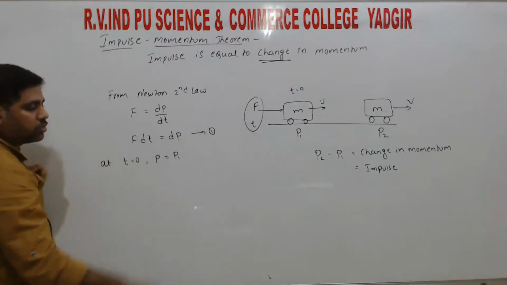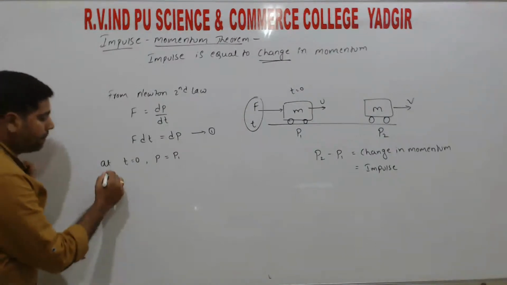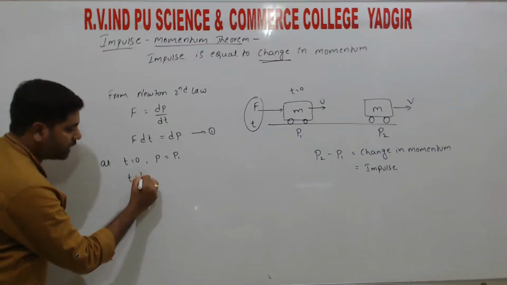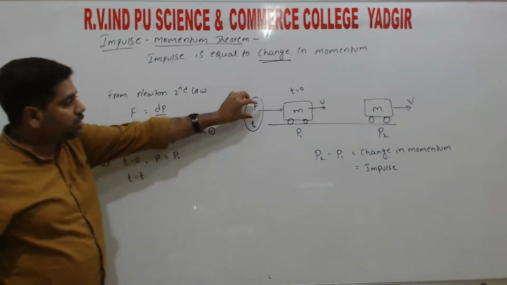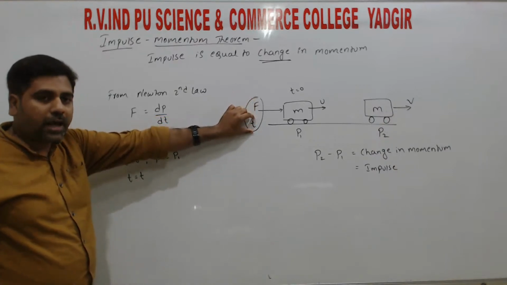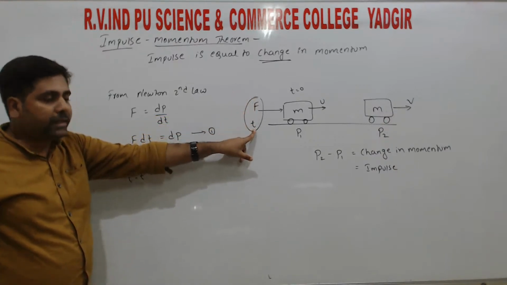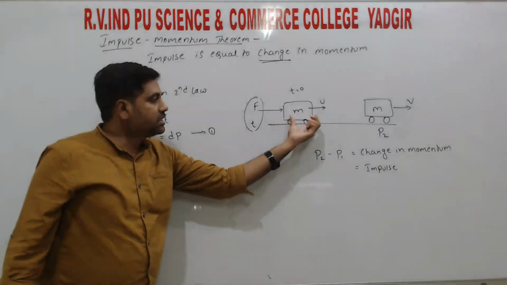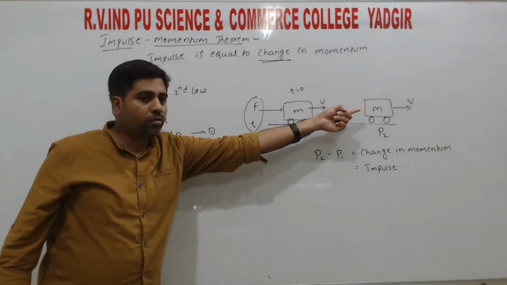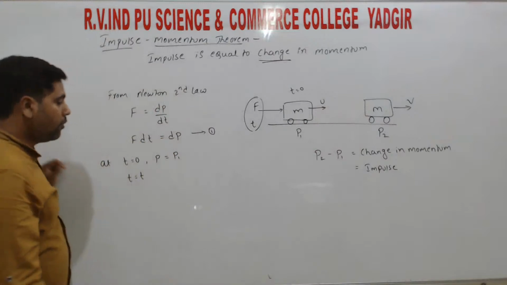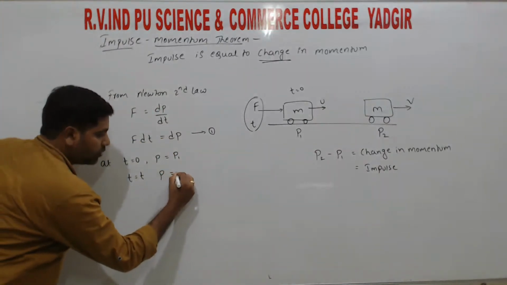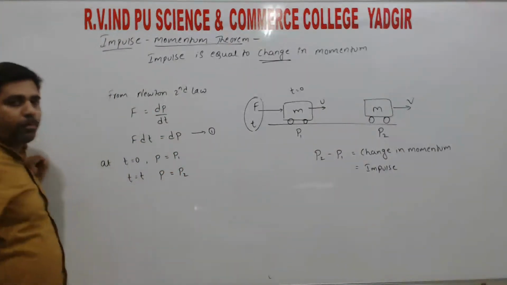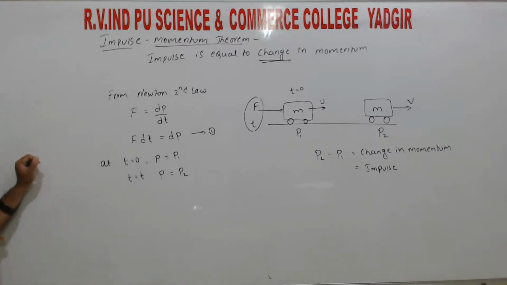Next, after some time t, we are applying the force for a short time. Now the object changes its velocity from u to v, and we get the momentum p2. That means momentum changes from p1 to p2, right?